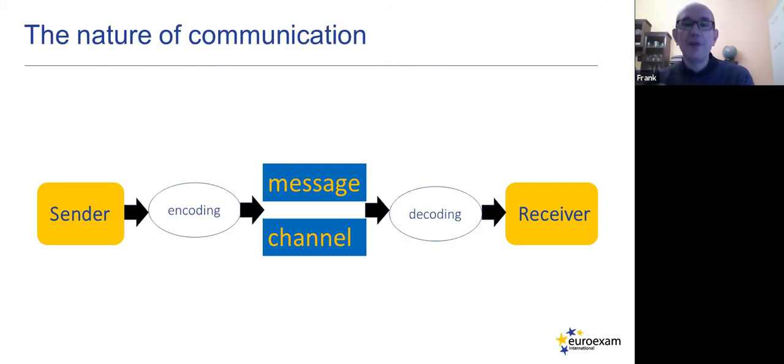So what happens when we are in a conversation? We have a message. First of all, we encode that message into words, which we then produce. And it goes through a channel. In the case of a face-to-face conversation, that channel is basically the air, because that's how words are carried.